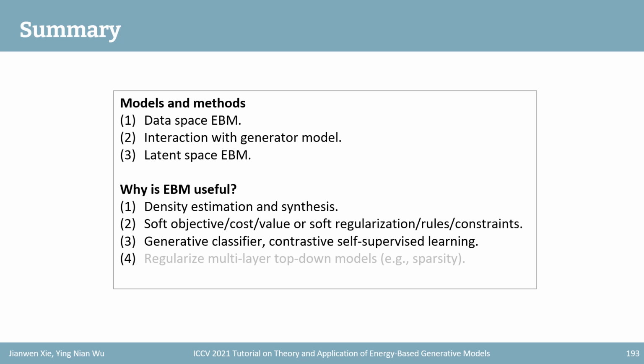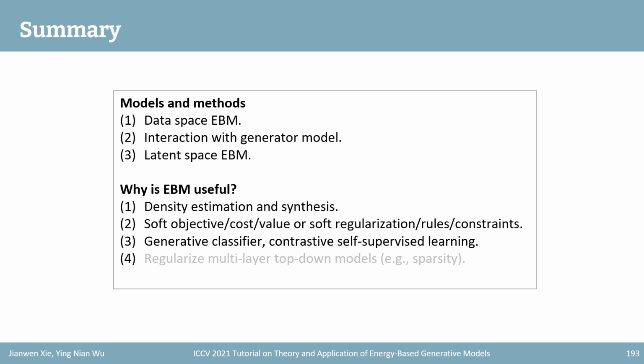Just as a summary, in this tutorial, we present the following models and methods. First, we present the data space EBM, the energy-based model in the data space, say in the image space or in the video space. And also, we studied the interaction of the EBM with the generative model.